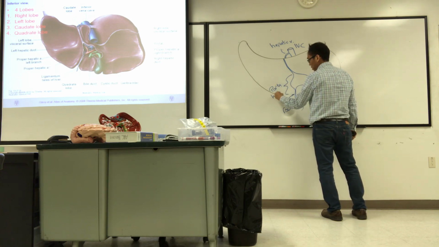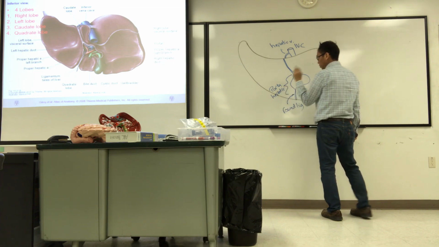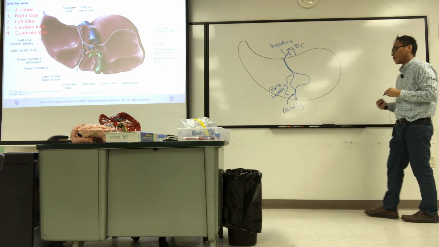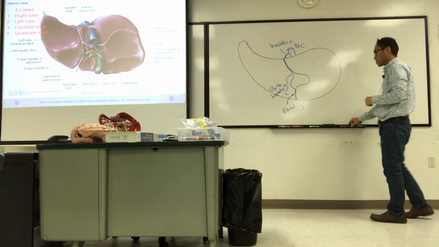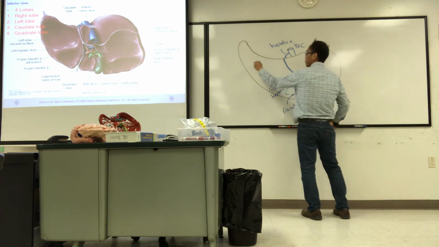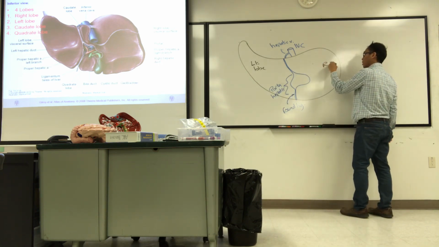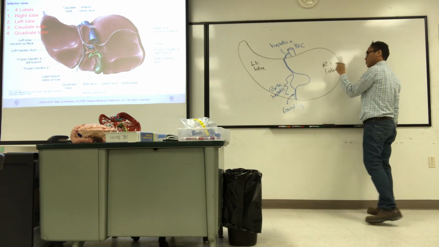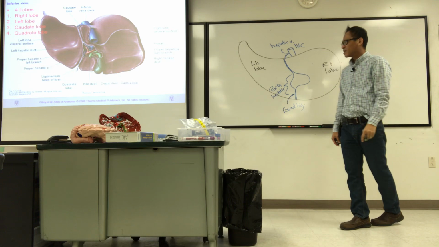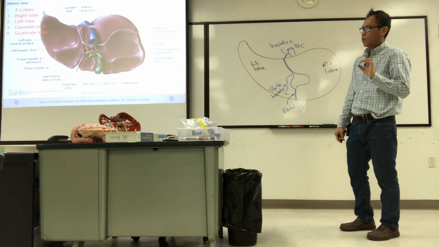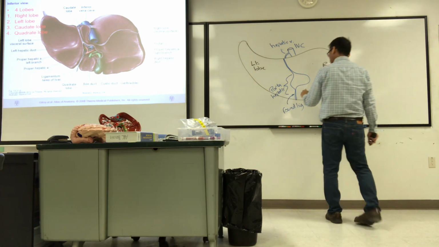Porta hepatis. The doorway to the liver. Things go in and out of there. Just to reorient you, this is the left lobe up here. This is the right lobe over here. You can see your other two lobes, the caudate and the quadrate. The quadrate just means four sides.